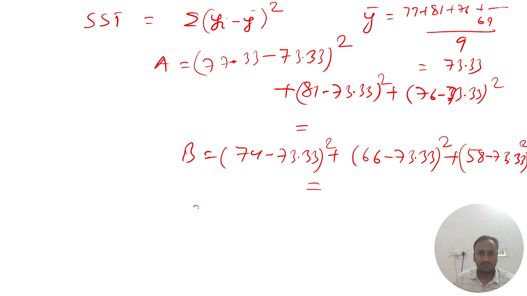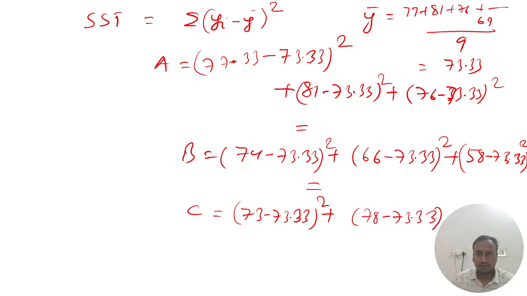We'll get some value. Then C: 73 minus 73.33 whole square, plus 78 minus 73.33 whole square, plus 69 minus 73.33 whole square. We'll get C.